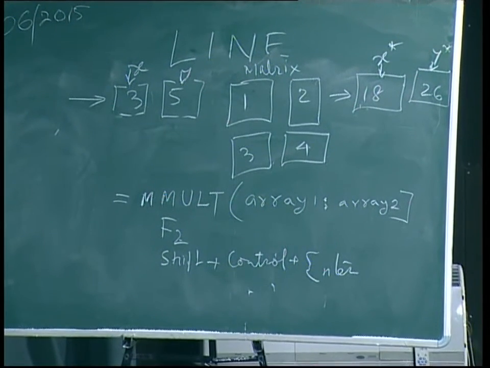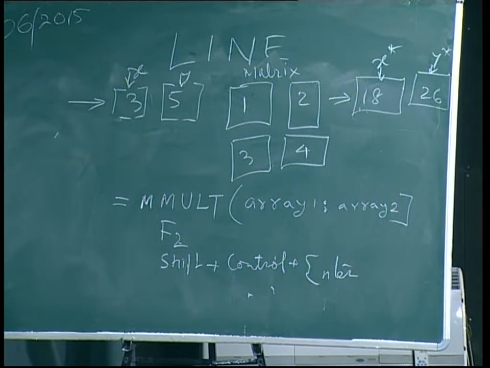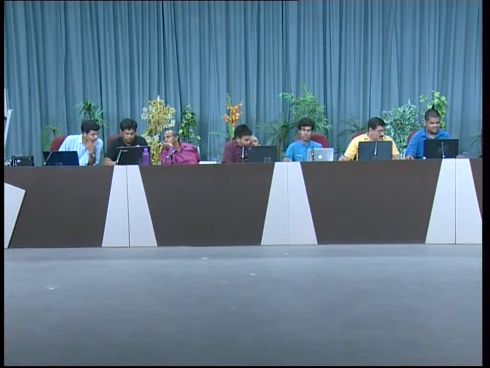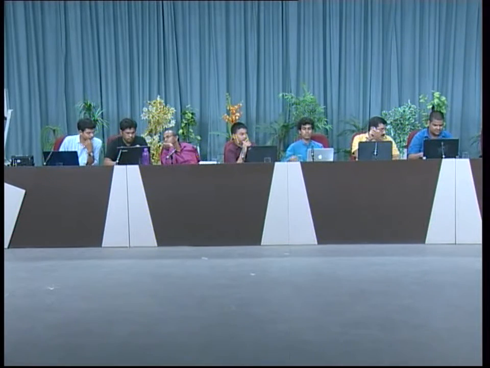F2, then Shift Control and Enter simultaneously. You have to first and foremost select the number of cells required for the result, the output, and then F2, then equals MMULT array 1, array 2.